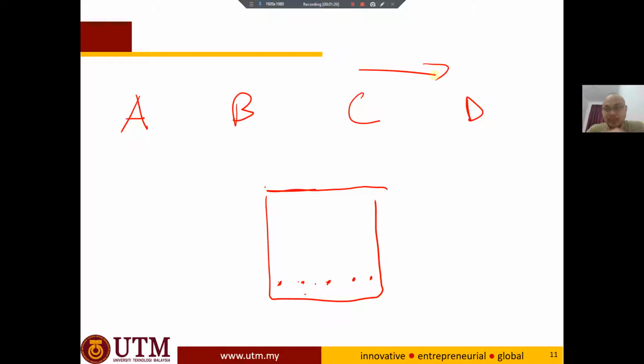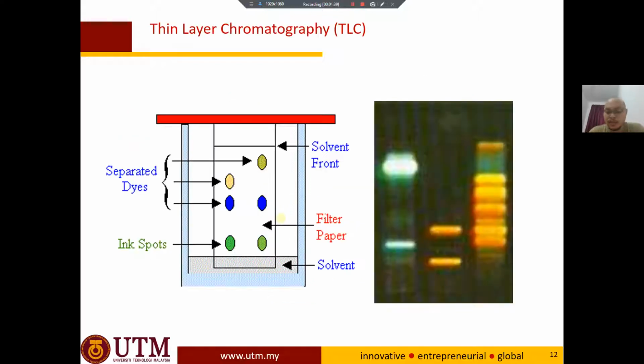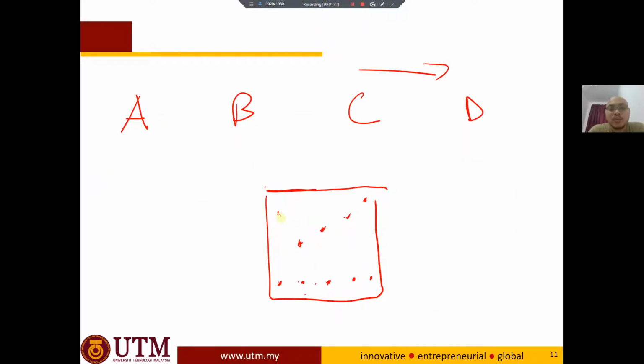So you run the TLC, and for example you observe A here, B here, C here, D here. At 20 hours, after you run the TLC, the spot moves to here.